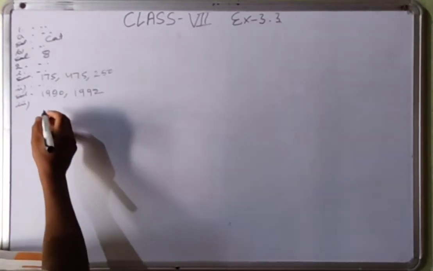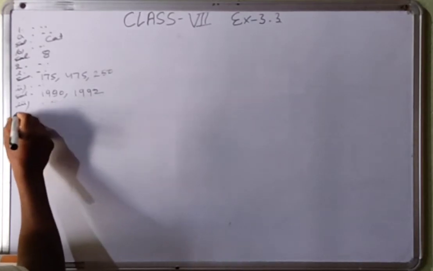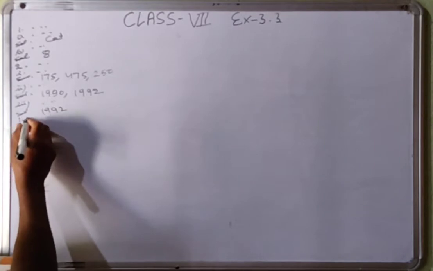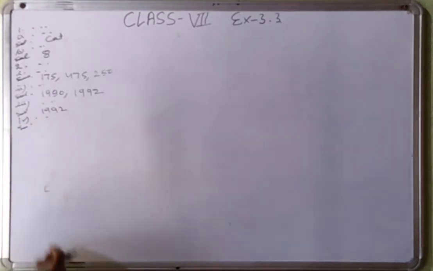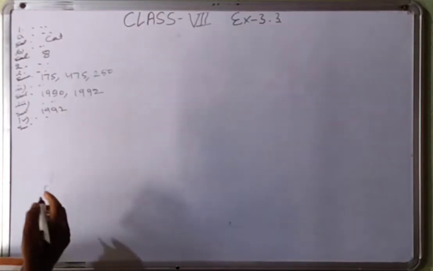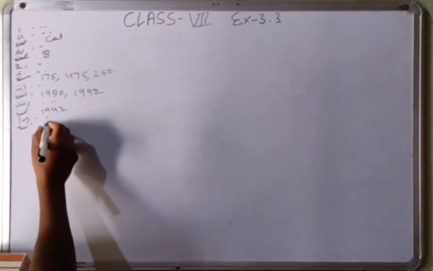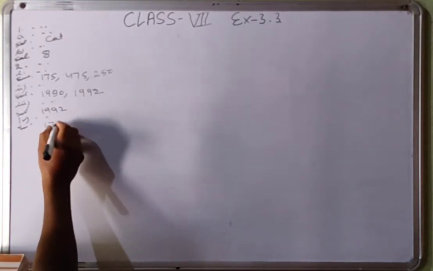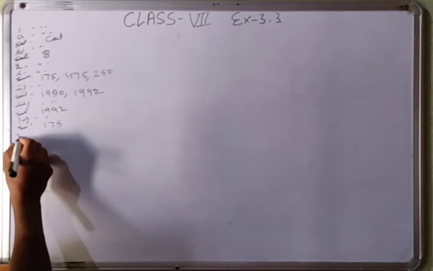Approximately 1992. Fourth part, can you explain how you would estimate the number of books sold in 1989? That is approximately 175.